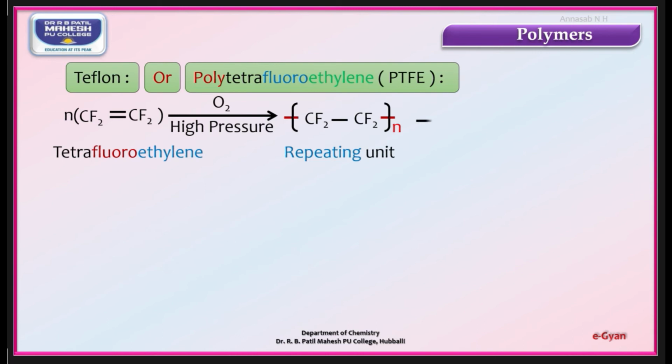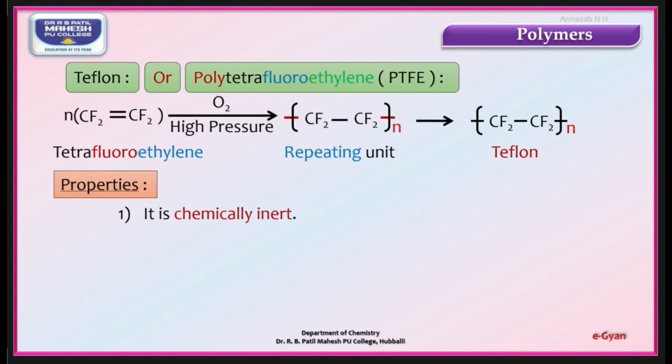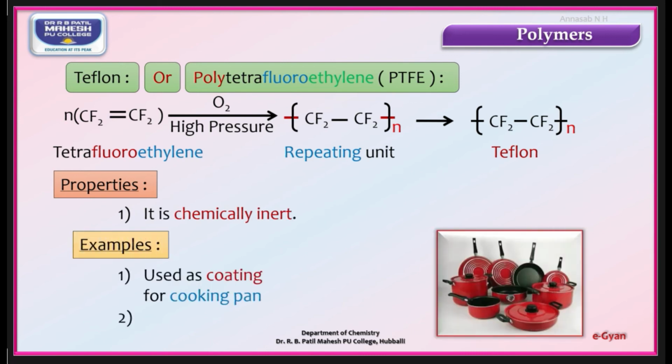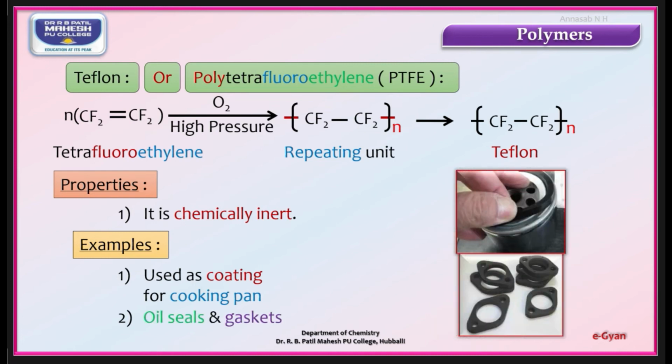When such repeating units combine, it leads to the formation of polytetrafluoroethylene, also known as Teflon. Coming to the properties, it is chemically inert. It is used in making cooking pans, oil seals and gaskets.